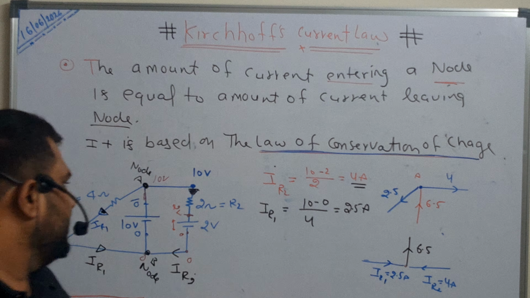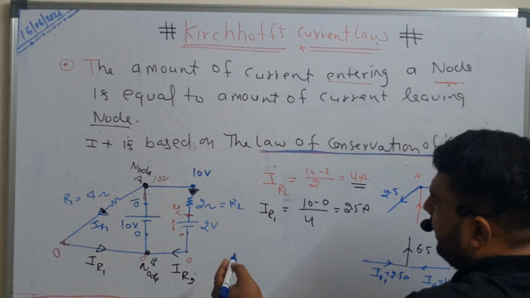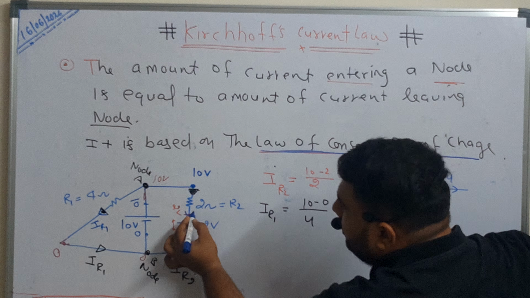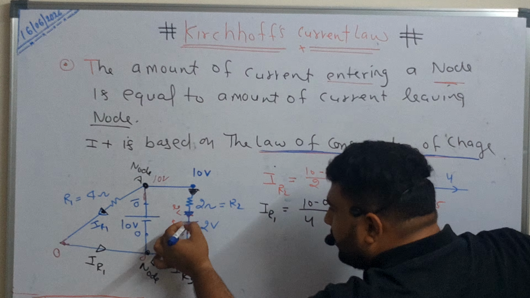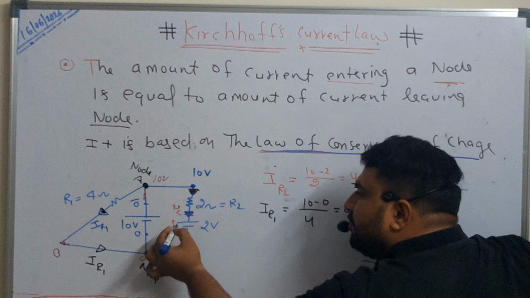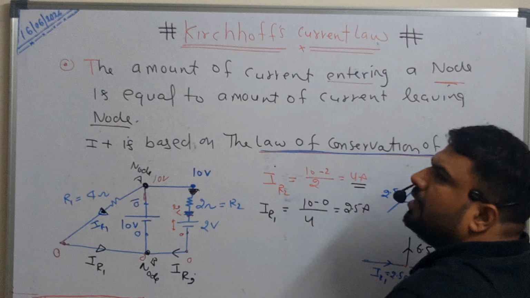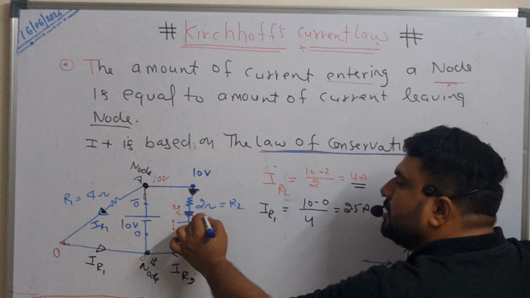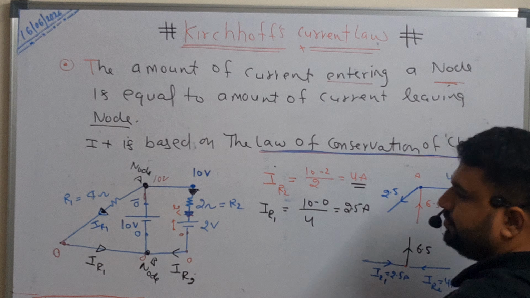Now look at the 2 volt battery. In this battery, current enters at the positive terminal, which means this battery is not a source of energy. It is a consumer of energy, meaning this battery is in the charging condition.